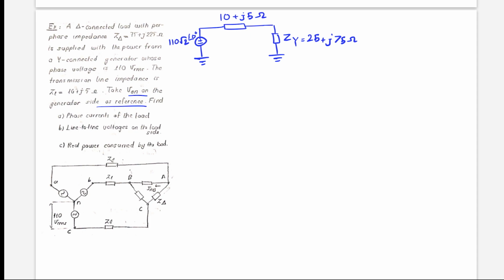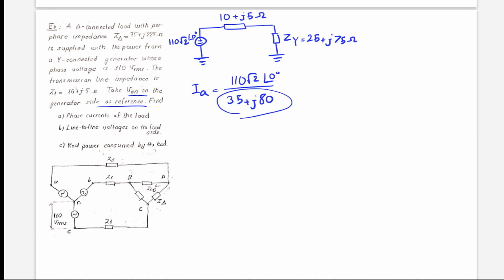Now, it says find the phase currents. It means IAB, IBC, and ICA. So first of all, we can find IA, the line current A. This is equal to the voltage over the impedance, right? From Ohm's law, it will be 110 radical 2 with phase 0 over 35 plus J80.